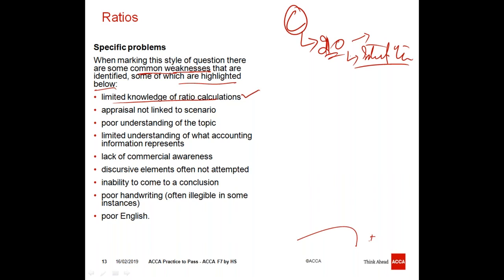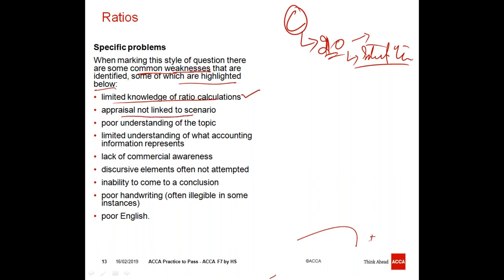You should know what gross profit is. If someone asks you randomly for the formula of gross profit and ROCE, your answer should not be that you have not yet revised the topic. So you should know the formula of ROCE, asset turnover, and gearing. There are a number of students who have limited knowledge of the calculations.